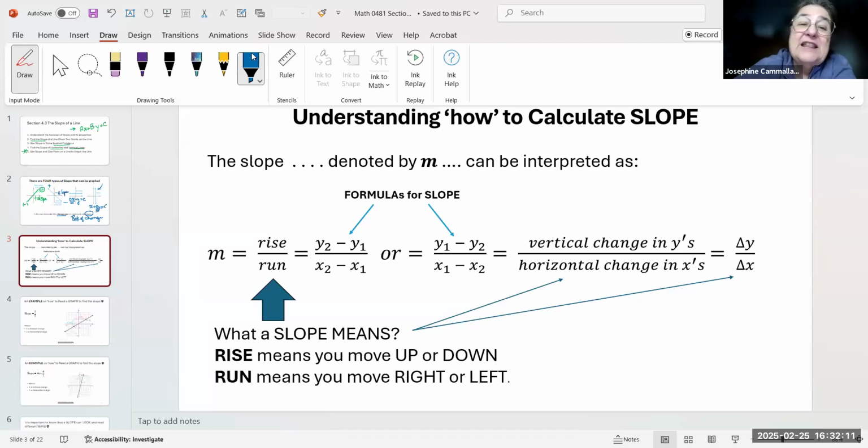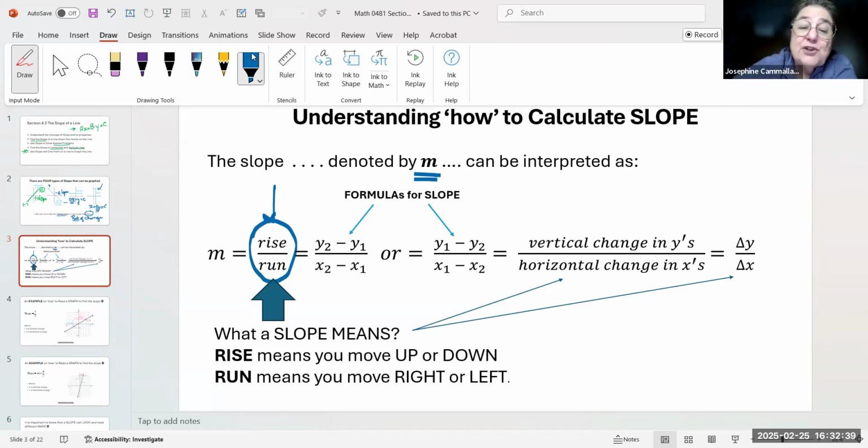Okay, this cursive M is known as the symbol for slope. But if you look across the board or my slide here, notice that I have fractions here. Okay. This is known as rise over run.